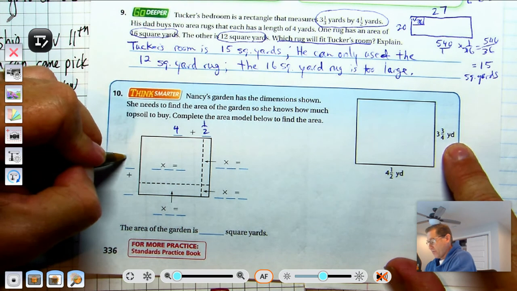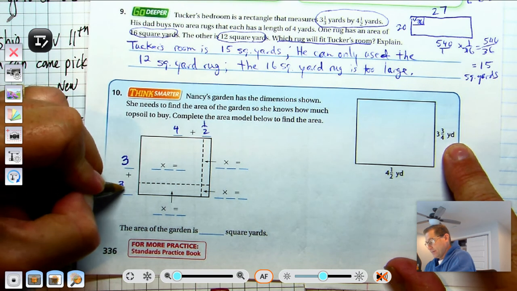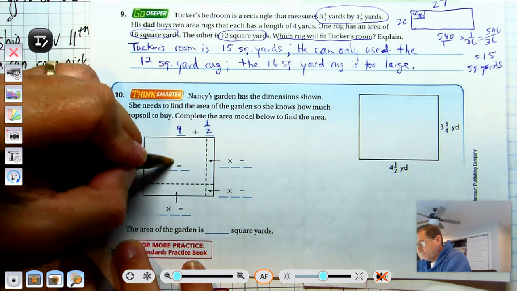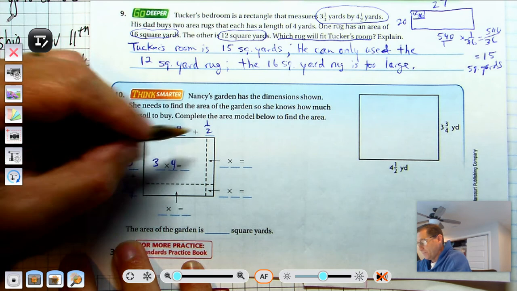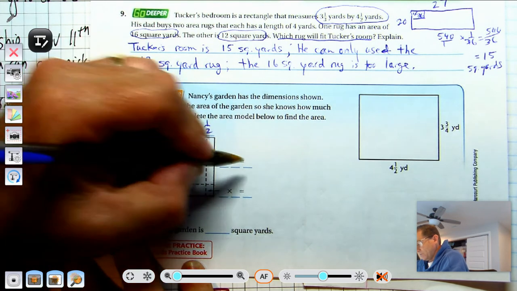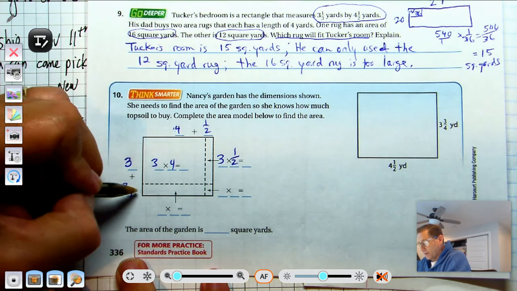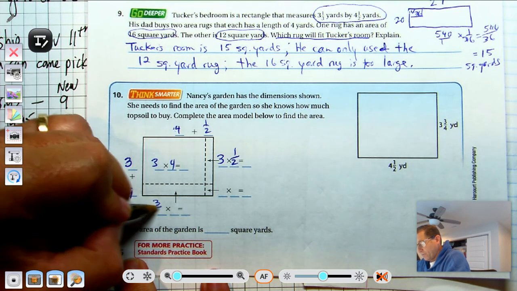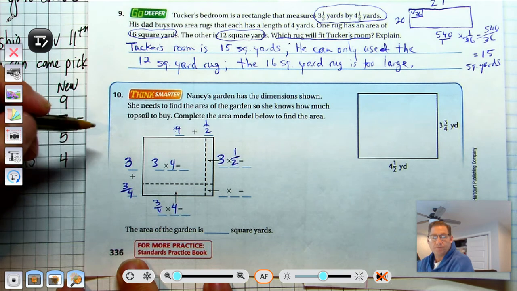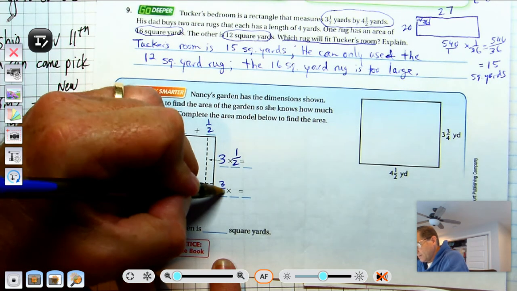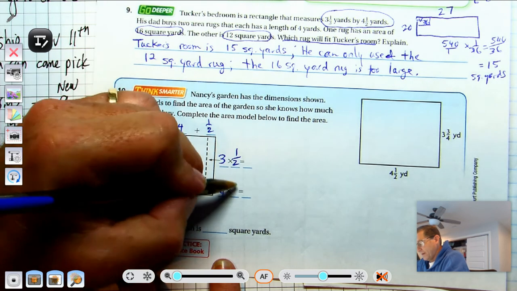And the sides are 3 plus 3/4. Well, I can do 3 times 4. Okay, 3 times 4. And I can do 3 times 1/2. And on the bottom, this bottom section here would be 3/4 times 4. And this little small piece here is 3/4 times 1/2.